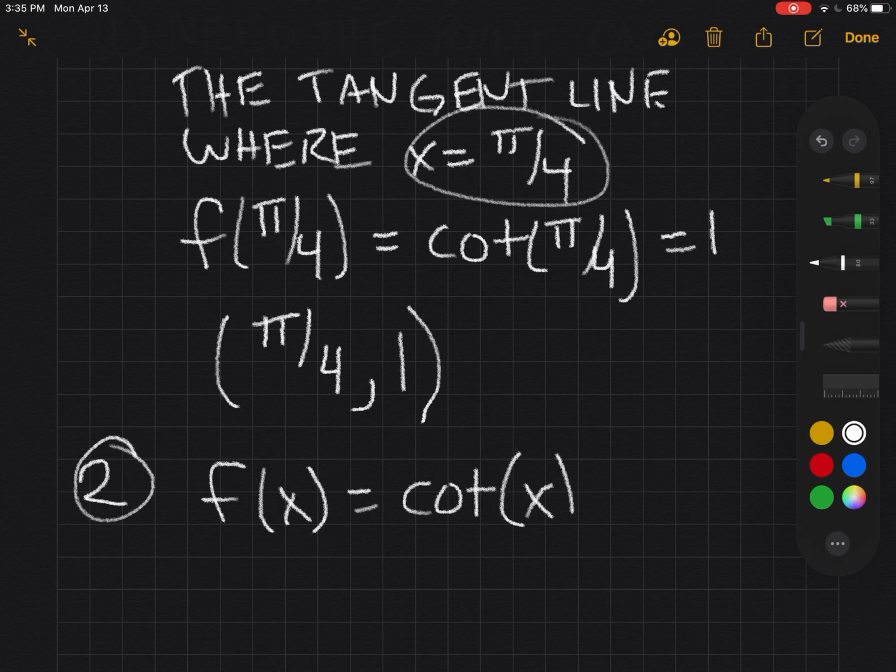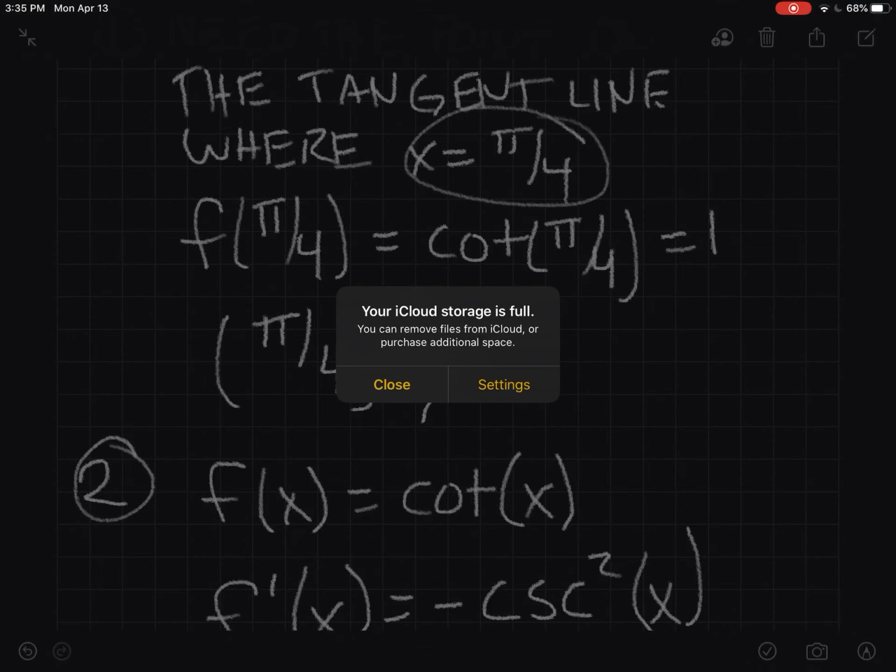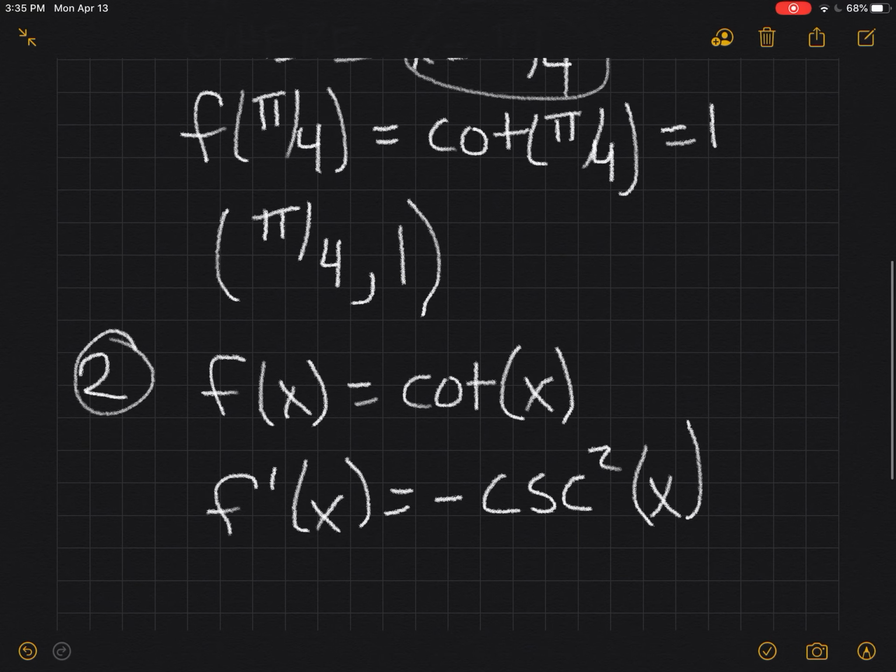And we need the slope. We're going to use a point and slope to come up with a line here. And to find the slope, that's where the derivative comes in. So we have f of x equals the cotangent of x, and we're going to take the derivative of that function. Using our definition from theorem 3.9, we know that the derivative of cotangent is equal to negative cosecant squared of x.